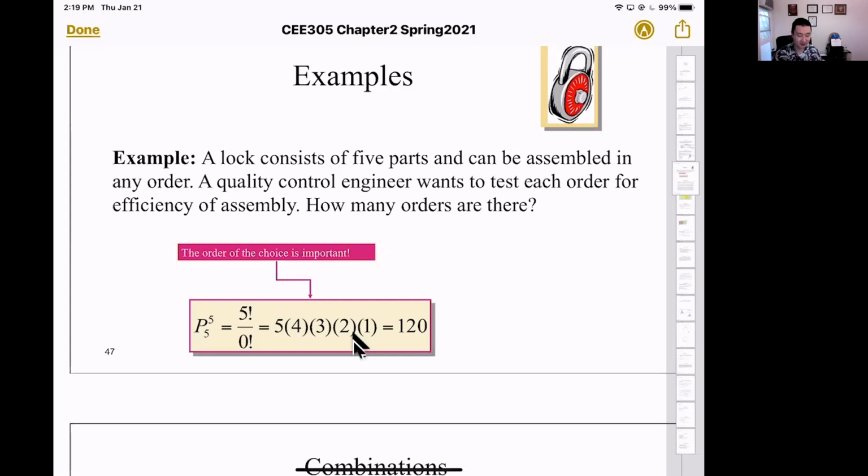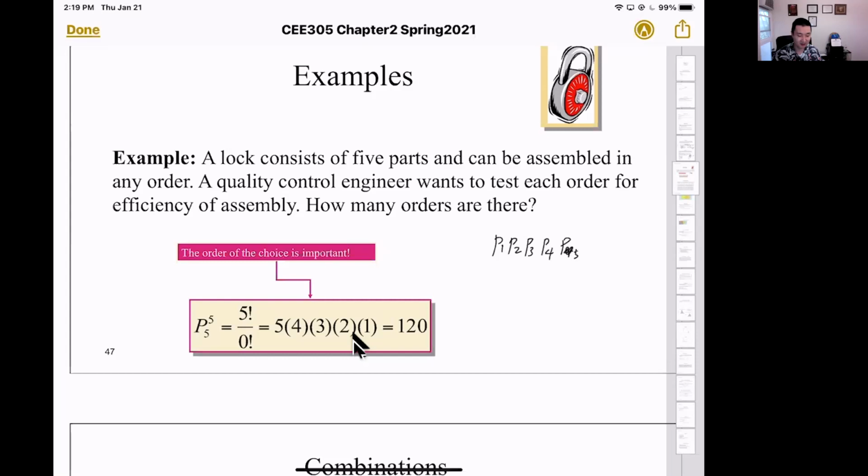For that lock, they have 5 parts that can be assembled in any order. The engineer wants to test each order for efficiency of assembly. So how many orders are there? We have 5 parts, P1, P2, up to P5. We go slowly to make sure everybody is with us.